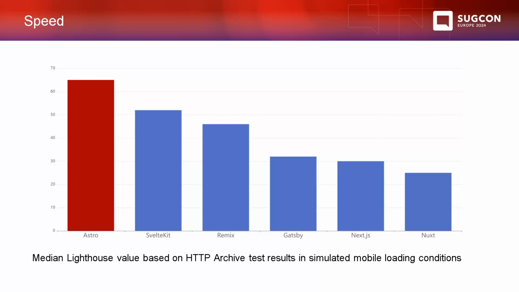It is different, depending on the test type, mobile or desktop, throttling, and internet connection speed. But anyway, if you ask me how to build the fastest possible website, my answer would be Astro.